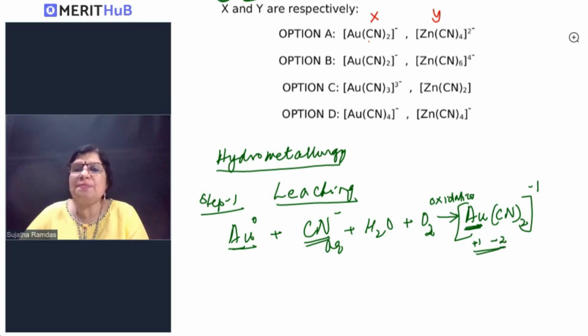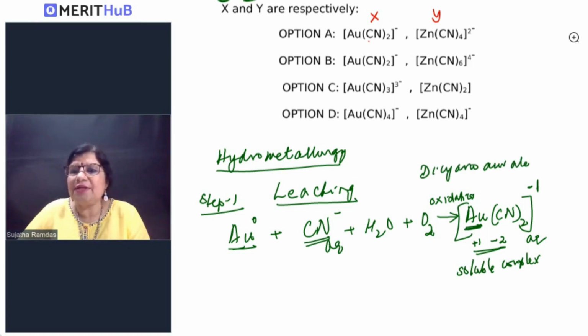Minus 2 plus 1 is minus 1. So this is the charge on the complex ion, and this is a soluble complex, referred to as a dicyanoaurate complex. Let me go to a different page.